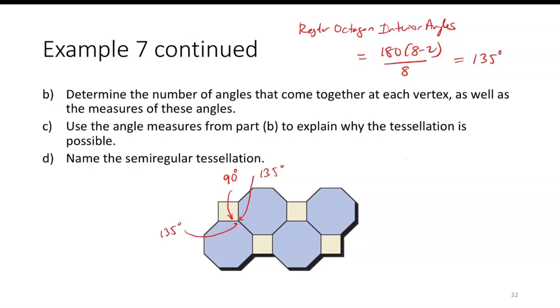And if you notice, 90 plus 135 plus 135 comes out to be 360. So that's one loop around a circle. That basically guarantees that we're going to completely cover our shape. So we've already named this with the previous slide, but this is a 488 semiregular tessellation.